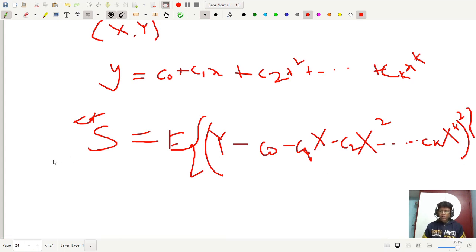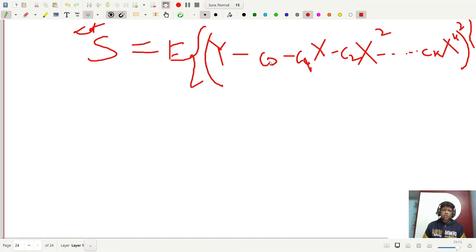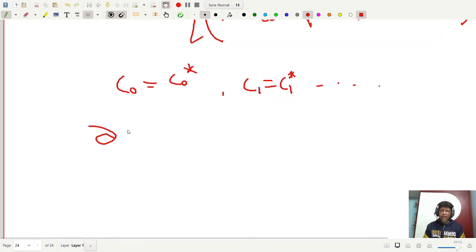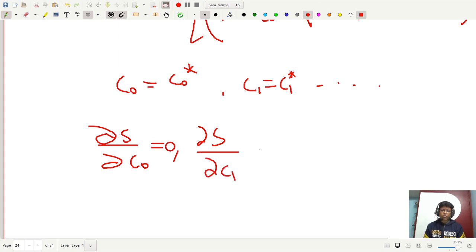Now we have to find out the values c0 star, c1 star, etc. These are the values for which S should be minimum. And you have to consider the normal equations: del S by del c0 equal to 0, del S by del c1 equal to 0, and so on.